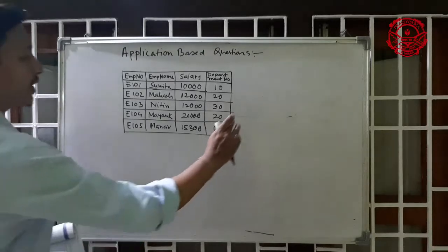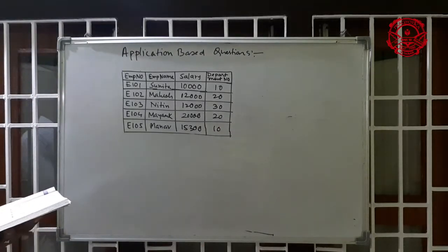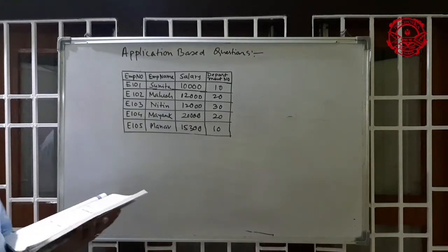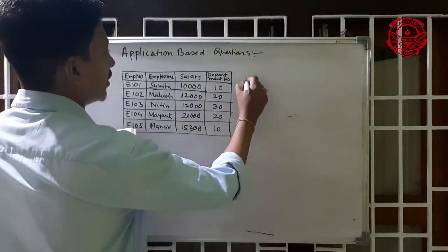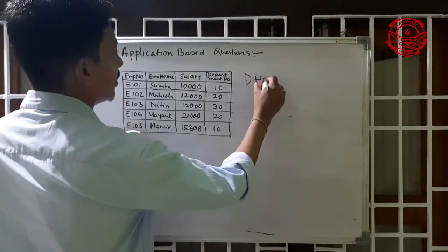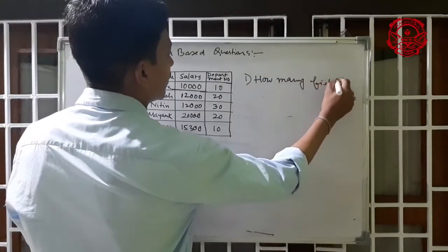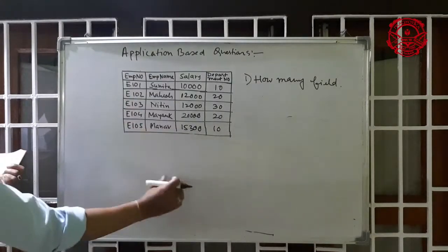Now see the first question. The first question is, how many records and fields are present in the above table? It is a very easy question. How many fields? Field means what? These are the fields.